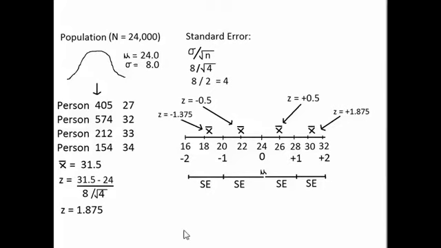In this example, I'm taking my sample of 4 people from a normal population, so my sampling distribution will be normal, even though I'm only selecting 4 people to be in my sample. When you're randomly selecting a sample from a normal population, the sampling distribution is always normal, no matter what the sample size is.